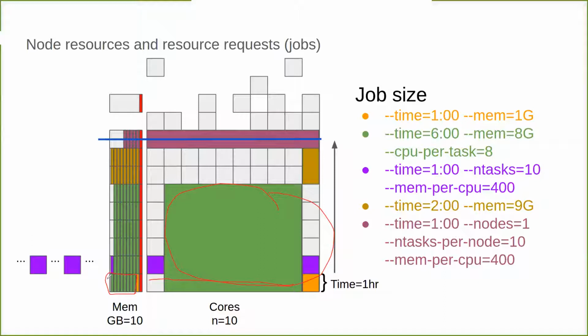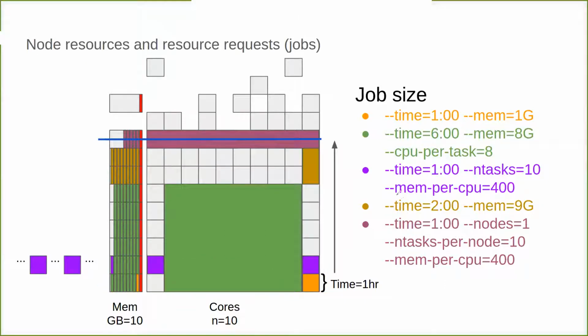So at this point, during this scheduling cycle, this node is what we call saturated. There is no more memory left for any more jobs to run, even though there's a single core that's still idle. So although there are idle resources at this time, the node is currently saturated because all of the memory is being requested.